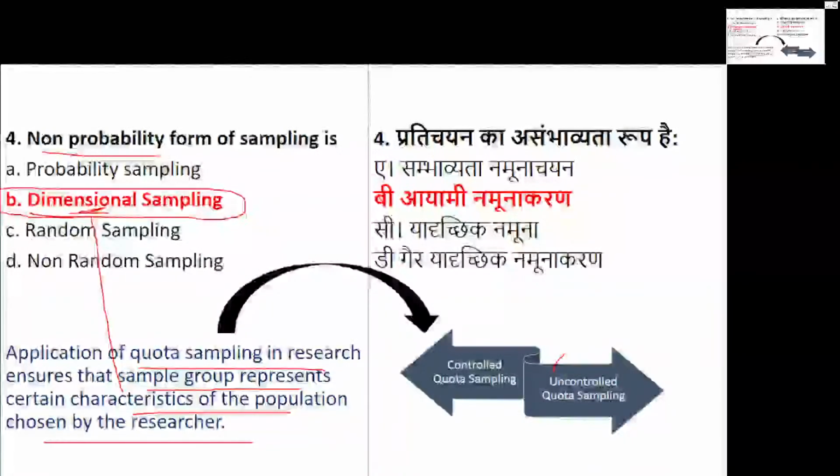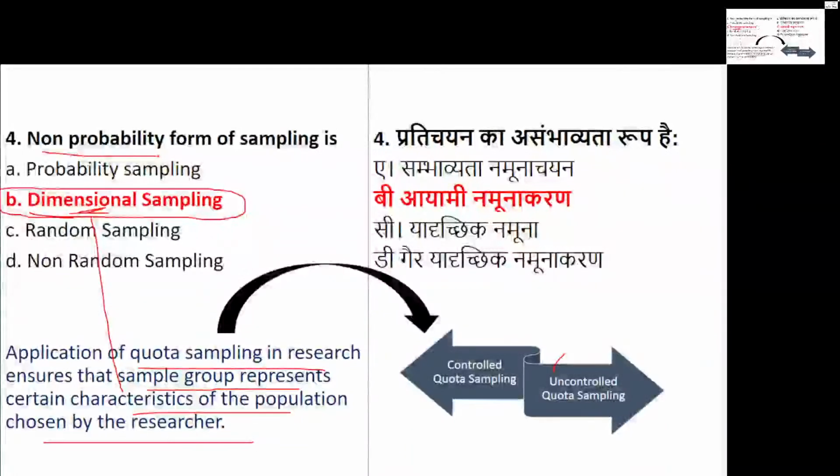So we use the word non-random. That is one of the methods, but it is not a type of sampling. Is it clear? For example, a sampling which uses a technique to select the factors, and that factor is non-random. Is it clear?